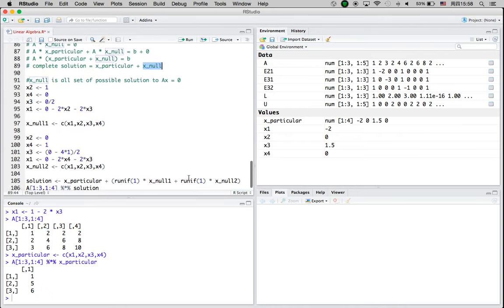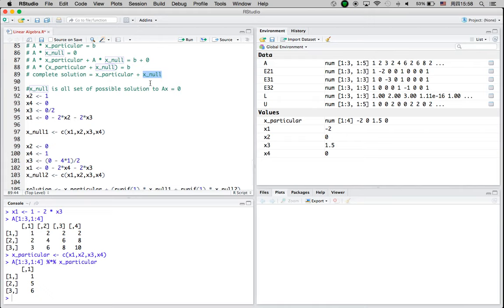Now to get the null space: again, the null space is a linear combination of two bases of the null space. So now we need to calculate the basis of the null space, which means two vectors that should be linearly independent.